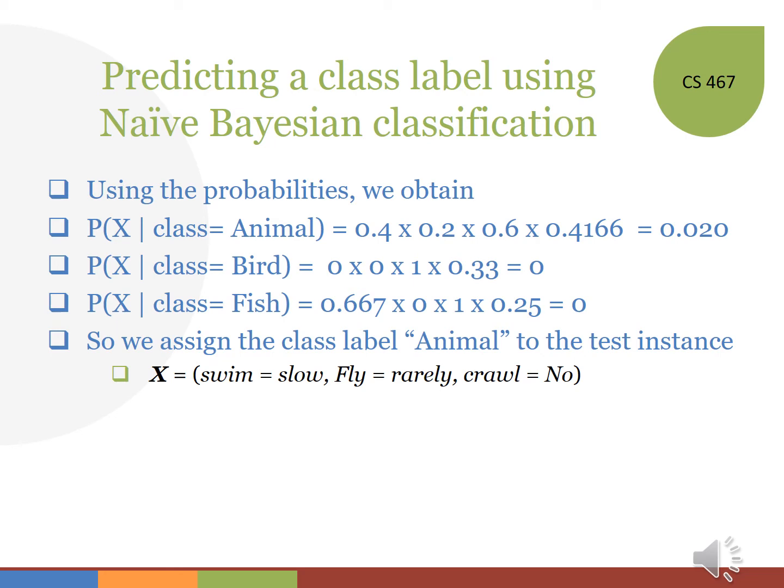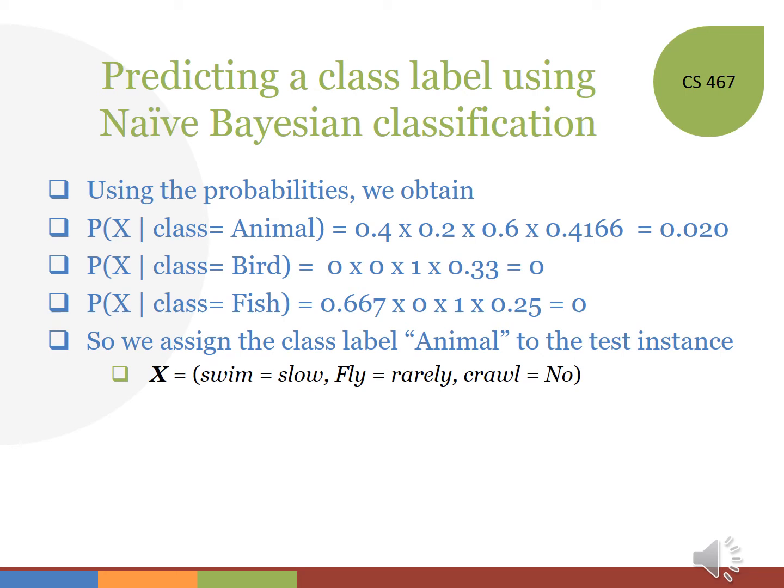Using the probabilities that we have calculated in the previous step, we can compute the probability of x given class equal to animal, probability of x given class equal to bird, and probability of x given class equal to fish.